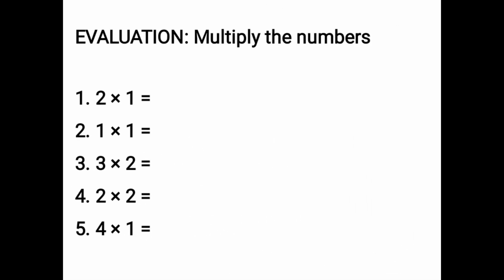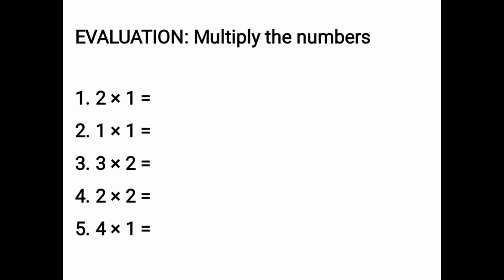Now, I have something for you, and this is what you're going to write in your book. 2 times 1. That means you have just one group. You're going to draw it to be able to do these calculations, okay? You have just one group, and you have 2 ice creams inside.